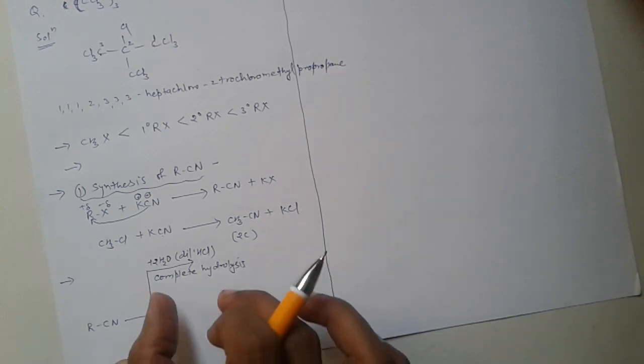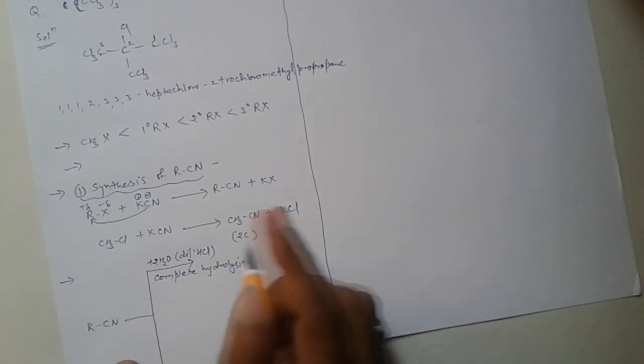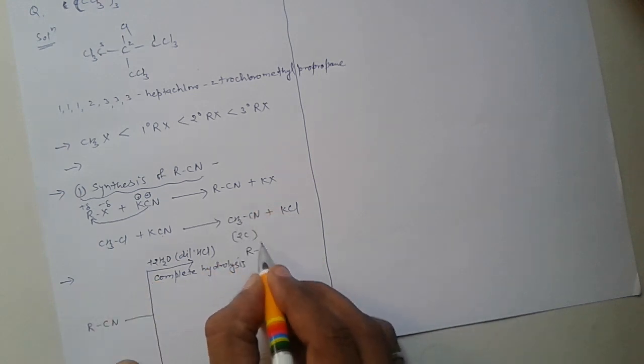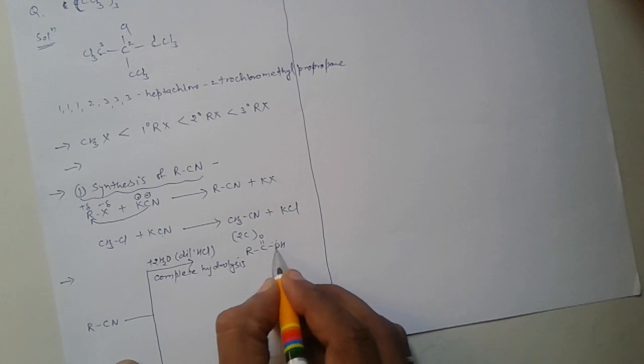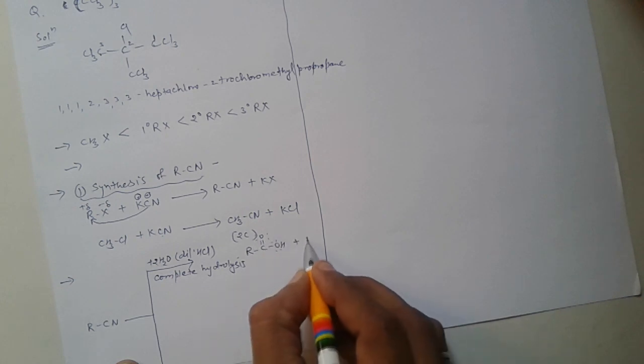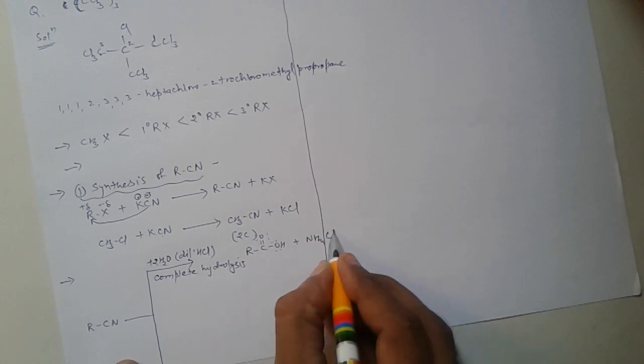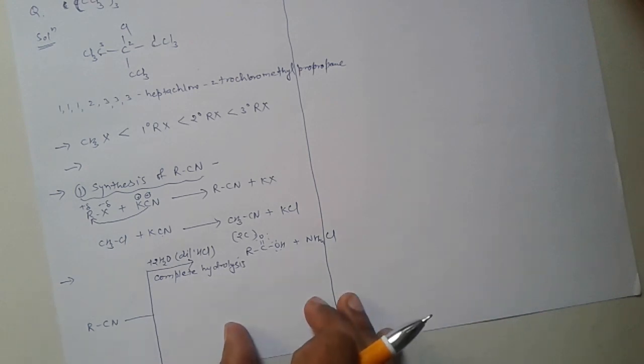So after complete hydrolysis of alkyl cyanide, carboxylic acid is formed and the byproduct is ammonium chloride.